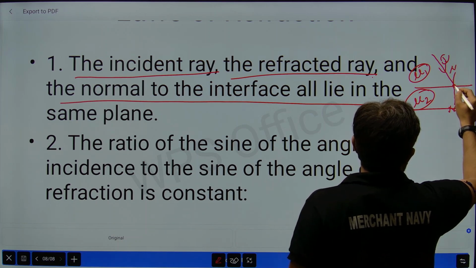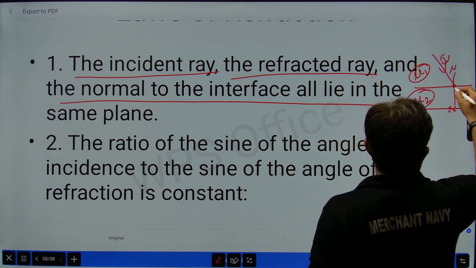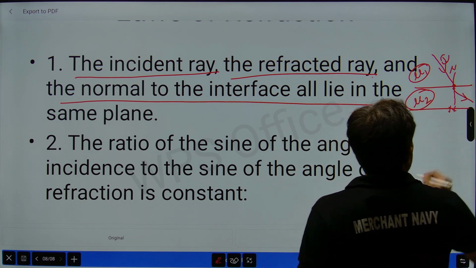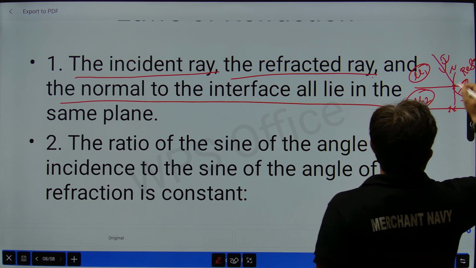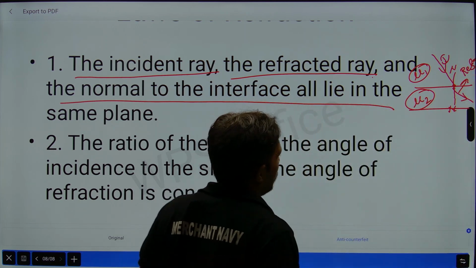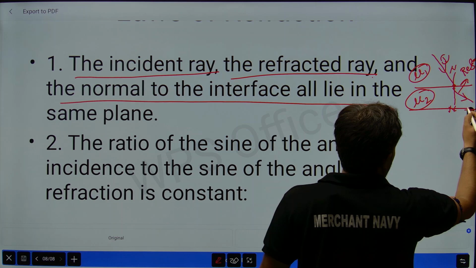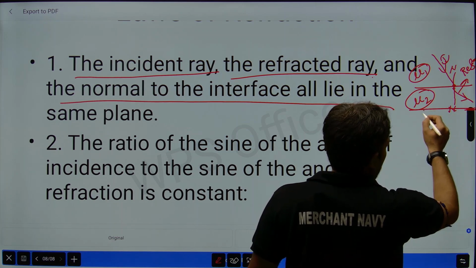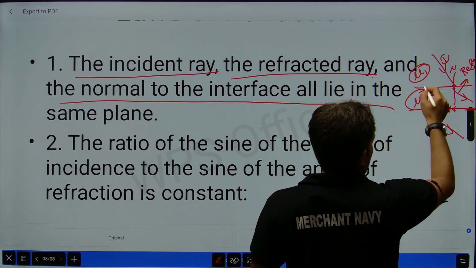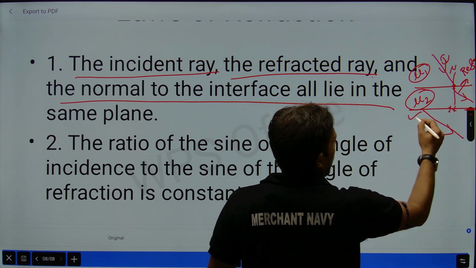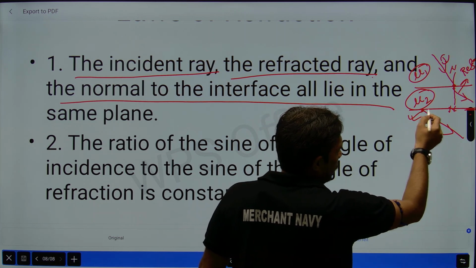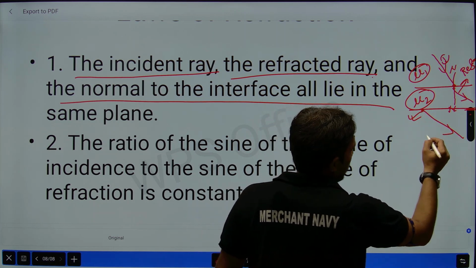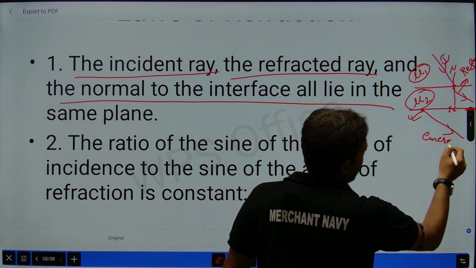And if it wanted to move away from the normal, this becomes what? The refracted ray. And after emerging from medium 2, suppose that it is emerging similarly from here, I am indicating here. So, if it is emerging from medium second, it is called what? Emergent ray.